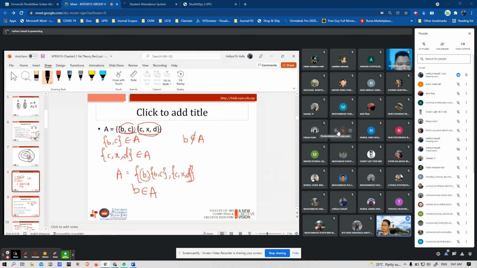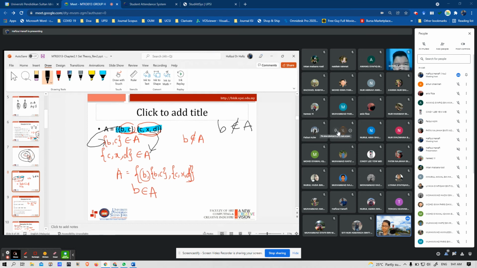For example, another example, we have set A with elements B, C, and then C, X, D. We can see that B, C is an element of A and C, X, D is also an element of A, but B itself is not a member of A, because B itself is an element inside the inner element.